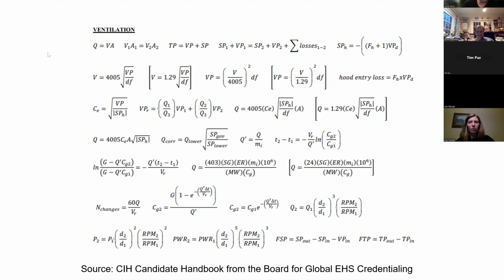The one in brackets is the metric version of the equation before it, and that one is the English equation. But once you learn one, you just have to see that a different constant is used, and it's basically the same equation. So once you learn one, you learn all of them.